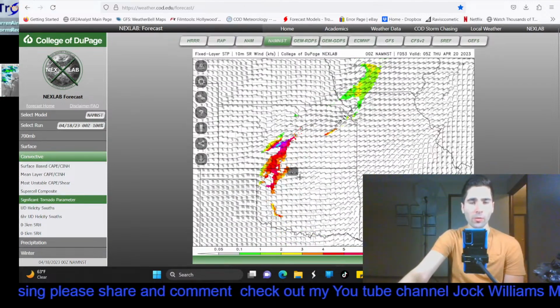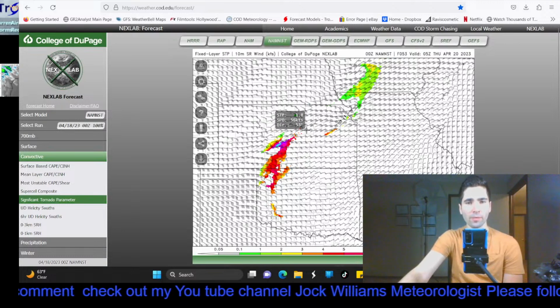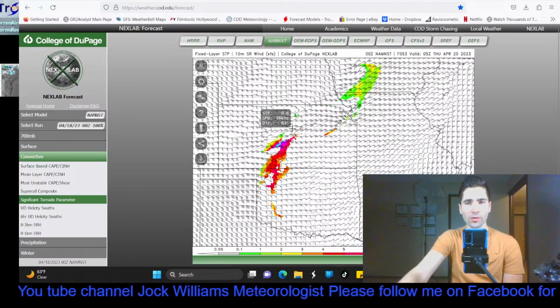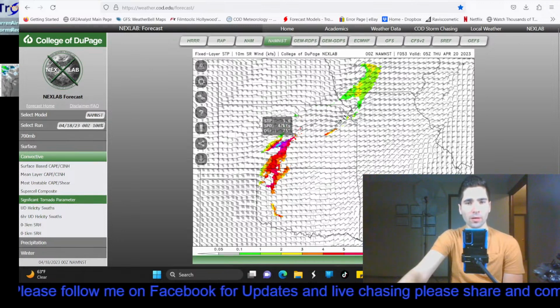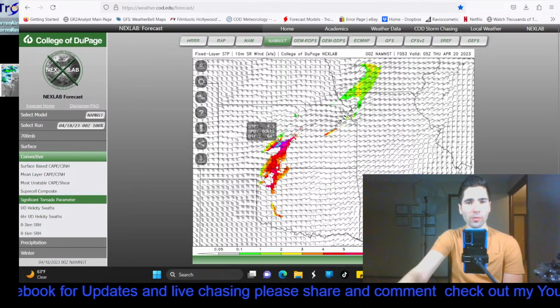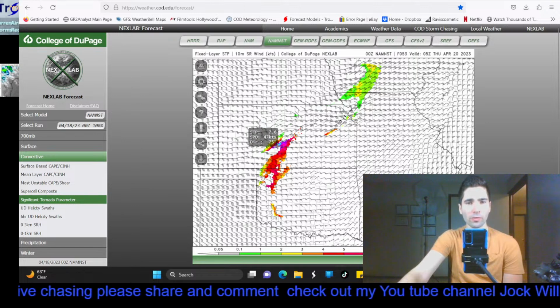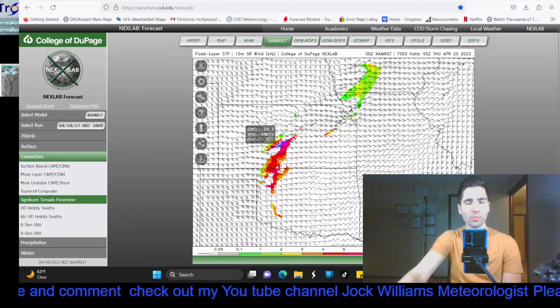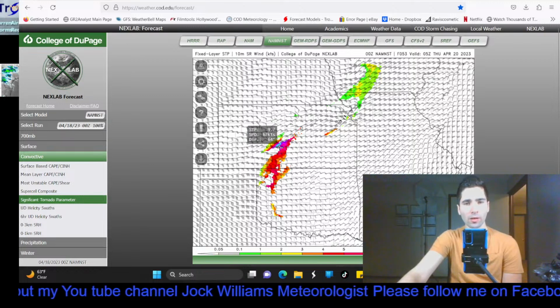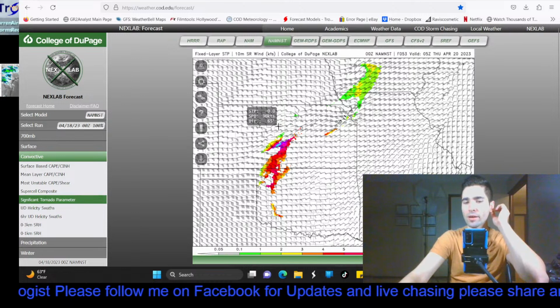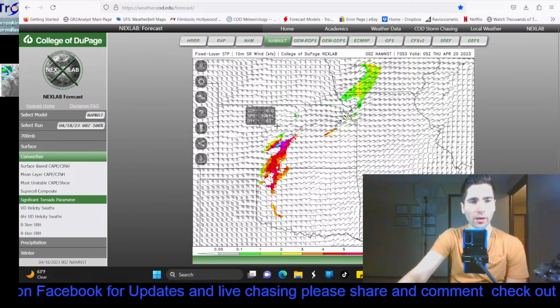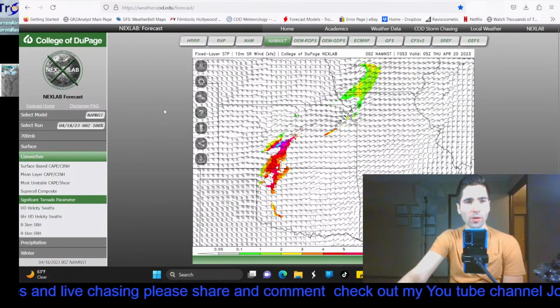And then I do think that we'll have some cell mergers later on in the early morning hours on Thursday between 1 a.m. and 3 a.m. That will be more of a linear mode with some embedded bookend rotation on it. There could be some embedded rotation in a couple of those line segments that are in the area at that time. So that concludes this update with the severe weather potential.